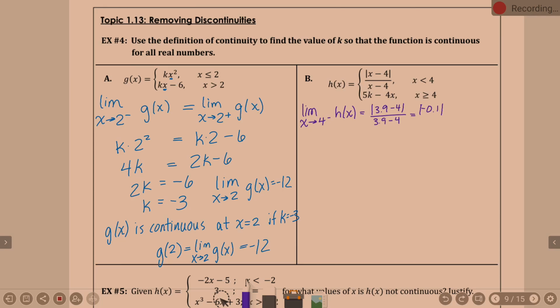But it's the negative, yes? 3.9 minus 4 on the bottom is negative 1/10. What happens here? You get a positive 1/10 divided by negative 1/10. Ultimately, the key is that this becomes negative 1. Okay?